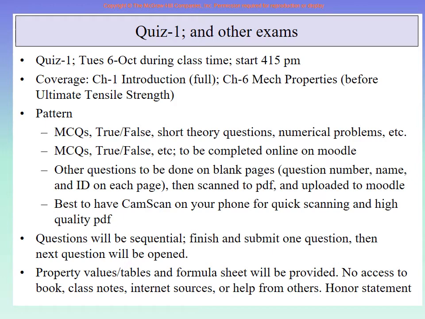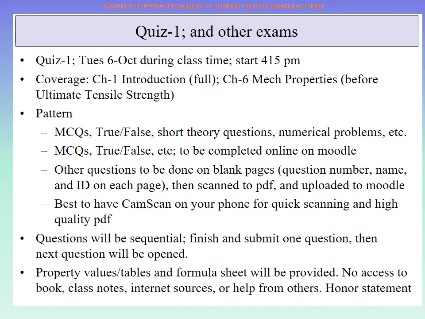The pattern could be multiple choice questions, true false questions, short theory questions, numerical problems, etc. If they are multiple choice or true false type, then they will be completed online on Moodle. You have experience with so many courses last semester, so directly on the Moodle you solve it. If there are other questions, short theory questions, any numerical problems, then you do it on blank pages. You are ready with blank pages.